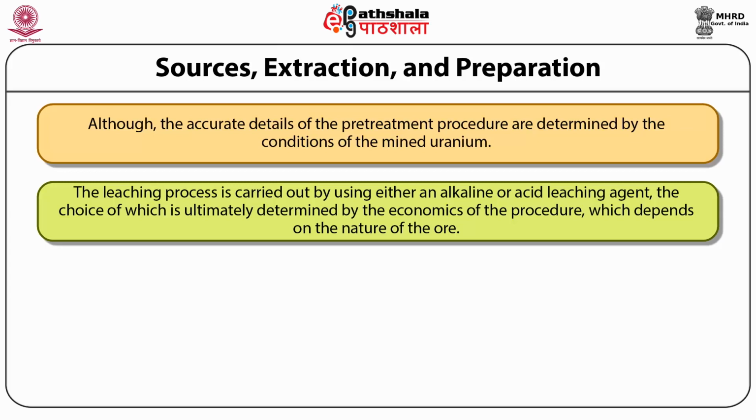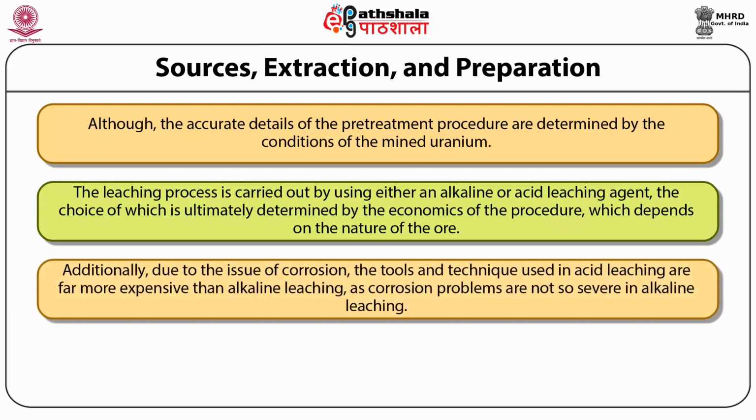However, acidic leaching has some limitations as it cannot be used for ores that contain magnesium or calcium carbonates because these compounds have a tendency to react with acid leaching agents, which results in the wastage of an excessive amount of acid.